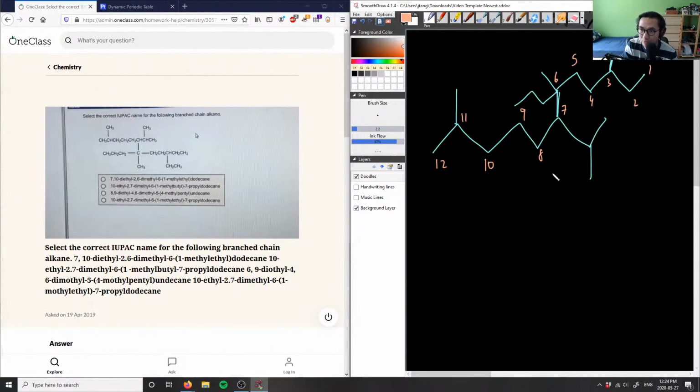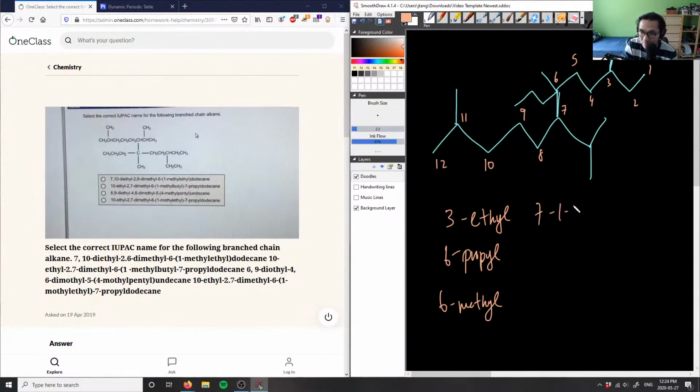I have an ethyl group on carbon 3. On carbon 6, I have a propyl. This chain here is a propyl. On carbon 6, we also have a methyl group, right? So a methyl group on carbon 6. And then on carbon 7, we have an isopropyl, or you can say 1-methyl ethyl. Doesn't really matter. This is carbon 7.